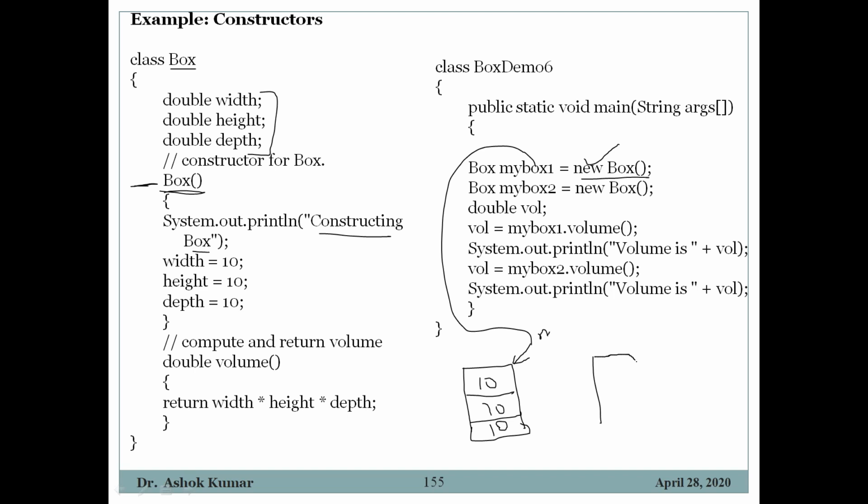This will be created, and the second time you will get the same message, constructing box, and after that the second object's instance width, height, and depth will be 10, 10, and 10, stored by the variable my box 2.